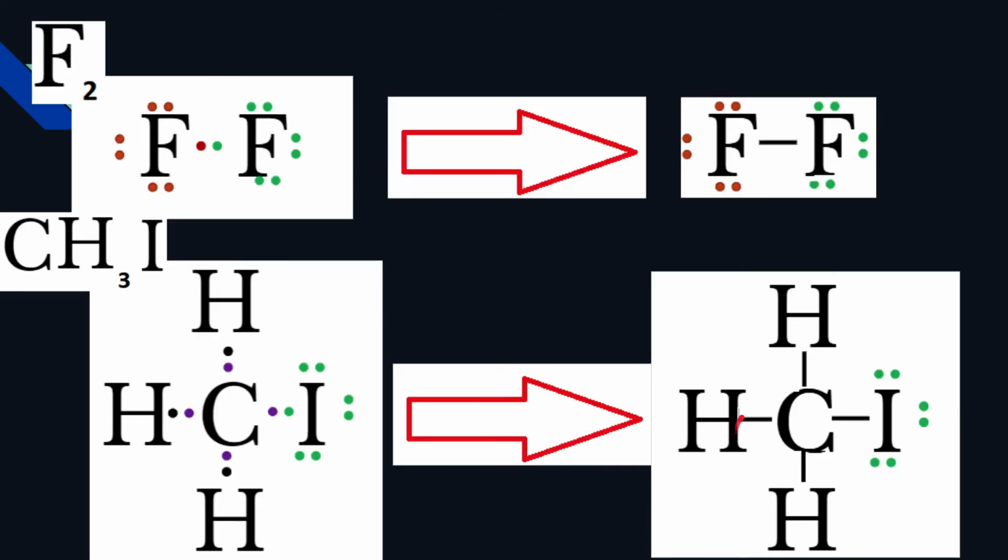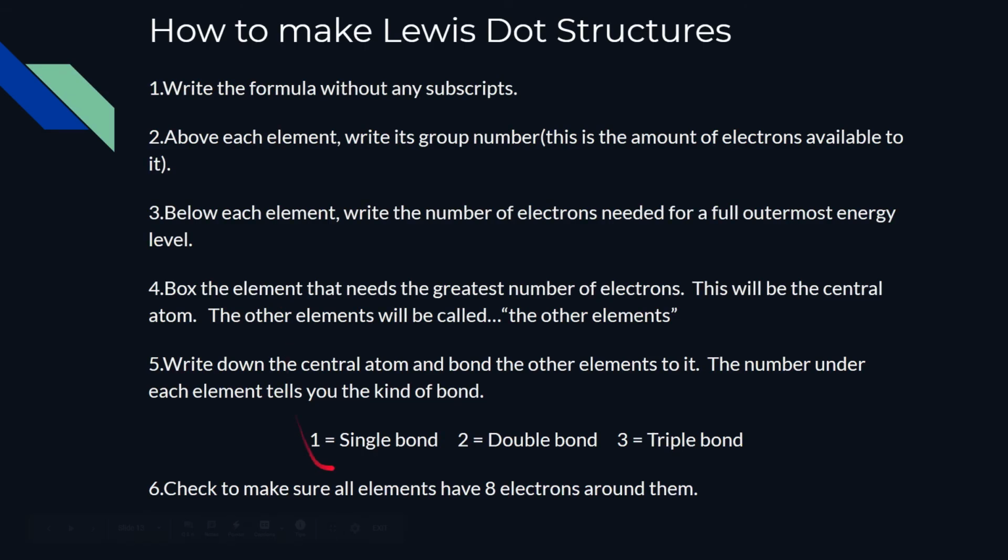And a single bond looks like this, where you have one singular line connecting the two atoms together. A double bond, much like how it sounds, is going to be 2 bonds, 2 lines between those elements. And the last one, a triple bond, is going to be 3 bonds connecting the other element to the central atom.